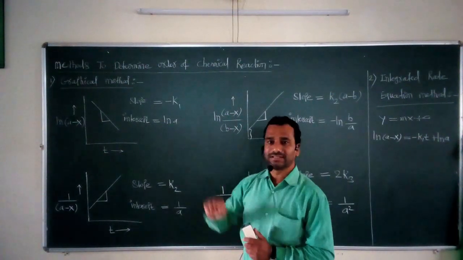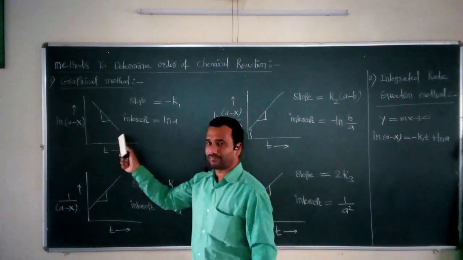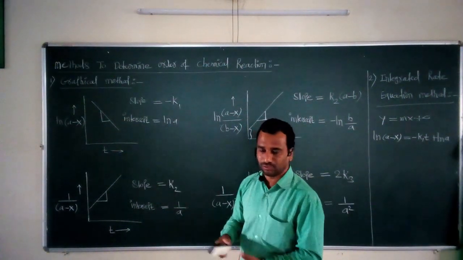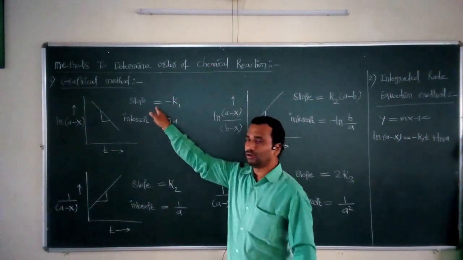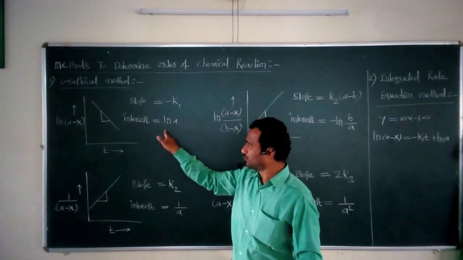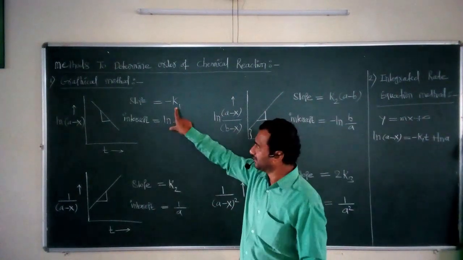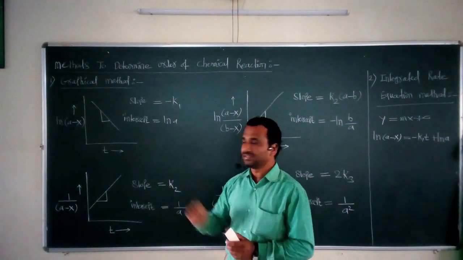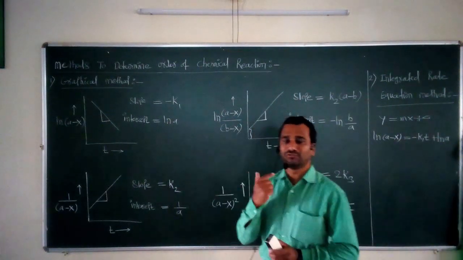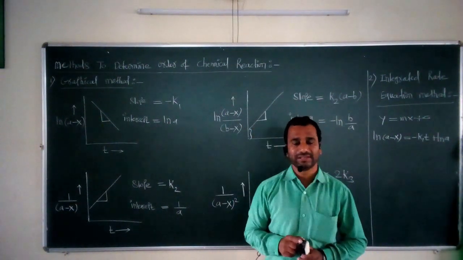In this case, if we plot this graph, a straight line is obtained along with the slope and intercept values. What is the slope? The slope obtained is equal to minus k1 and the value of the intercept is equal to ln a. So these two values we can obtain by plotting this graph. What conclusion do we get from this graphical representation?